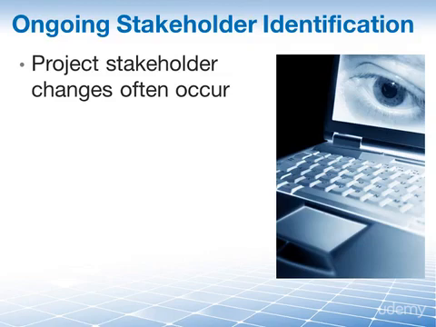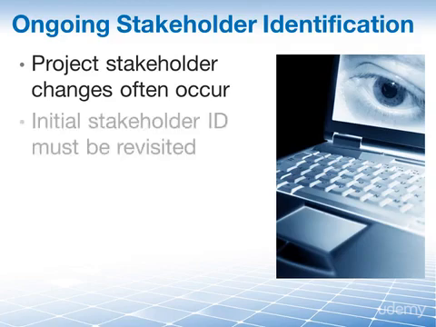The project manager must constantly be aware of and document the changes in terms of those individuals who are either affected by the project or have influence over the project. As the project progresses, the initial identification of stakeholders must constantly be revisited to ensure that the most current and accurate information is available concerning these stakeholders.